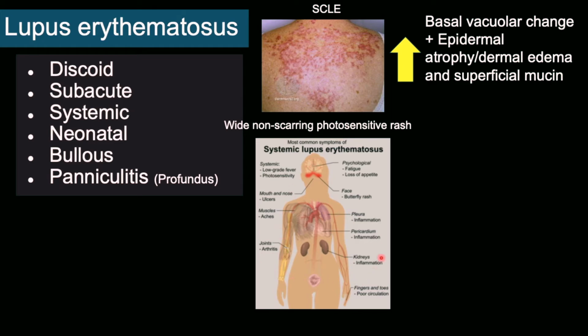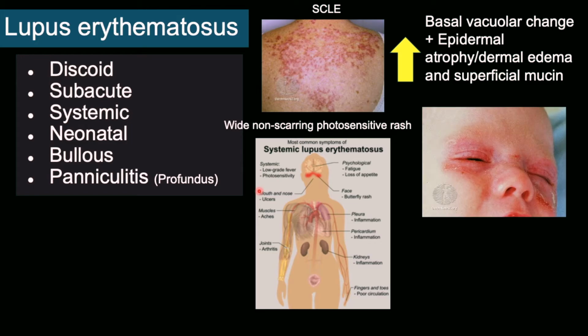Systemic lupus is usually a systemic disease, and you have other tests to diagnose it. Skin biopsy is not different from other forms, and you cannot give a systemic lupus erythematosus diagnosis on skin biopsy alone.